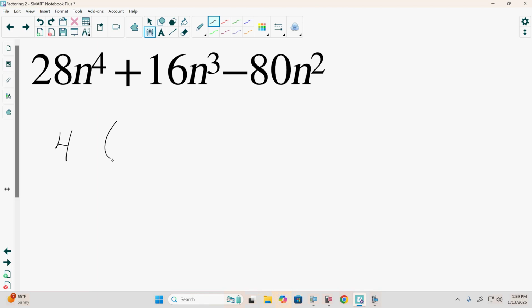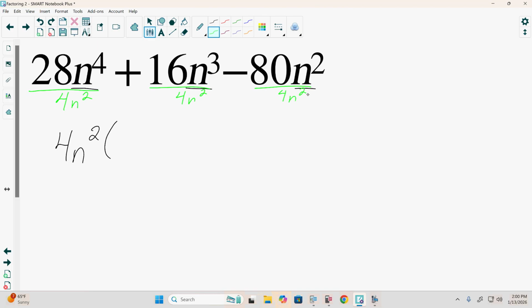N. Because we do have n in common with all three. So we can factor it out. How many n's are in common with all three? 2. So that means we can factor 4n squared out of all three.